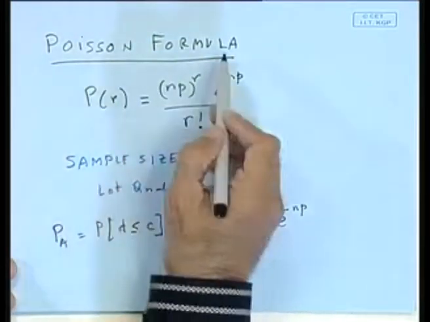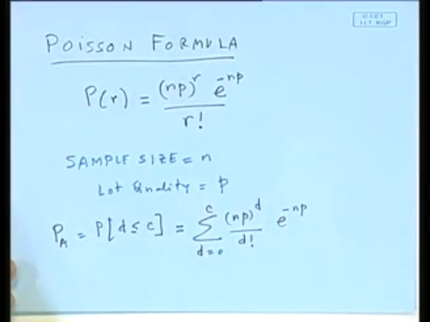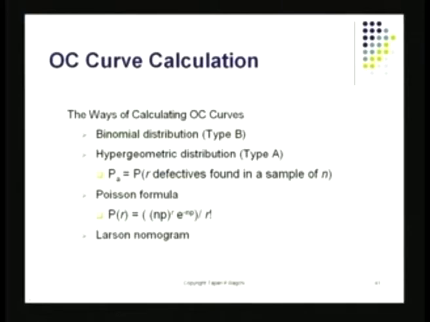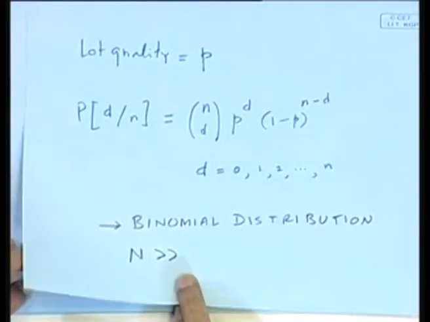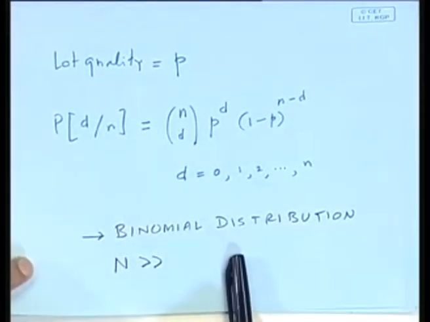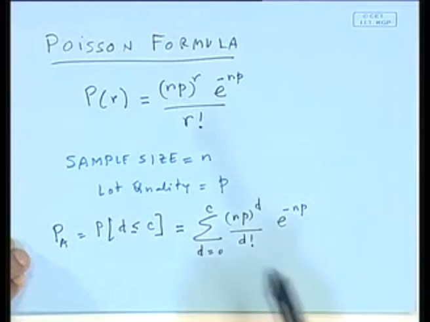Now, this is an alternative to the binomial distribution. So, there are several ways I could construct this OC curve. I could use the binomial distribution, which is this formula, or I could use the Poisson distribution, whichever is convenient for doing the calculations.